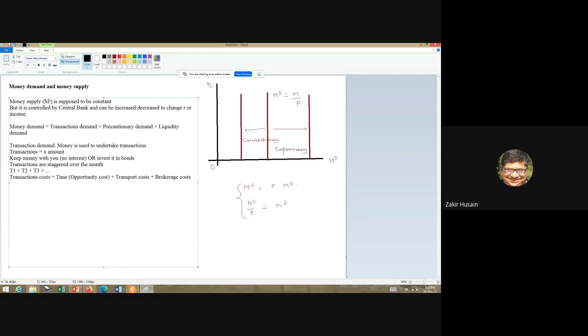It's true that if you invest in bonds, you're going to earn some money. But at the same time, if every day you have to go to the bond market and sell part of your bonds, it's going to be very irritating. So you find out how much money you require and you hoard this.